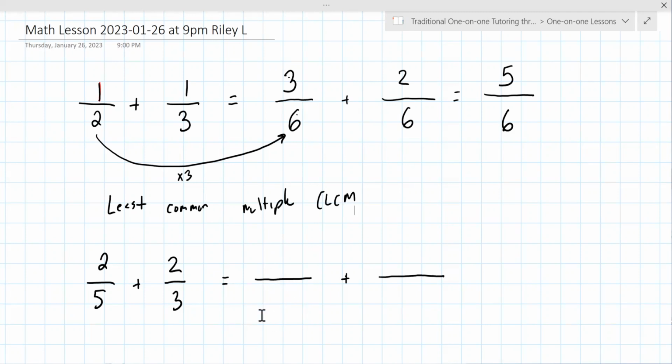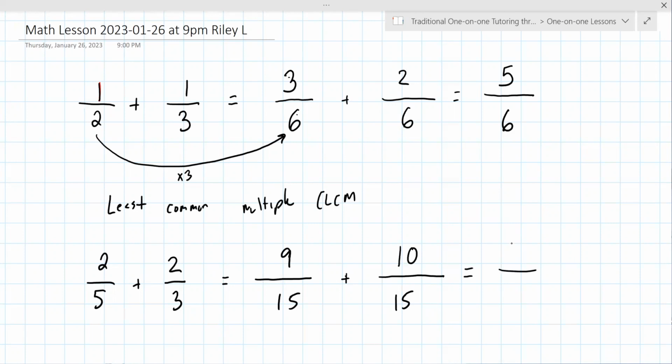Can you tell me what the bottom would be so I can make sure you're on the right track? 15. Yes. And multiplying the tops, it would be 10, and then the second one would be 9, because it's 3 times 3. So it's 9/15 plus 10/15. What does that result in?